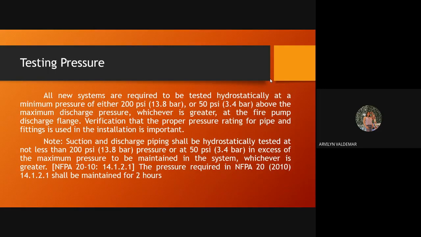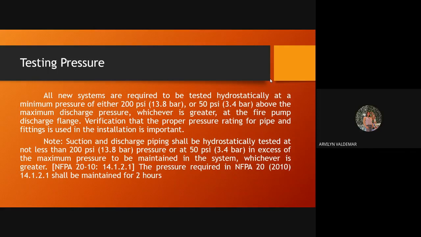For testing pressure, all new systems are required to be tested hydrostatically at a minimum pressure of either 200 psi, equivalent to 14 bar, or 50 psi, equivalent to 3.4 bar, above the maximum discharge pressure.